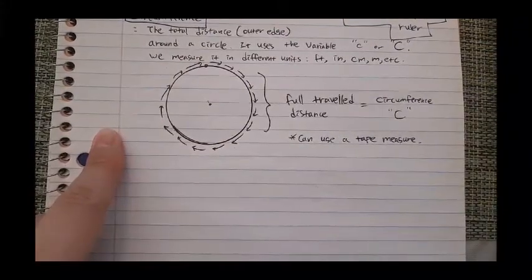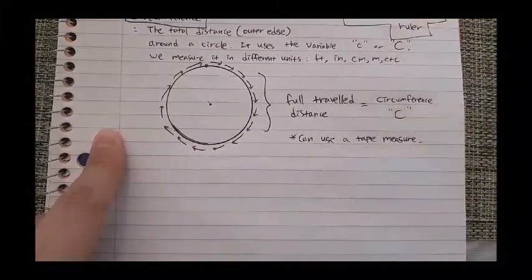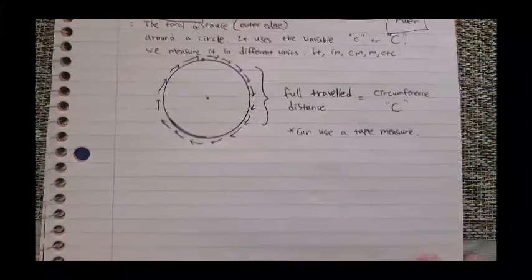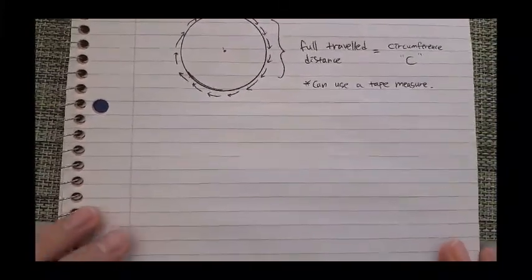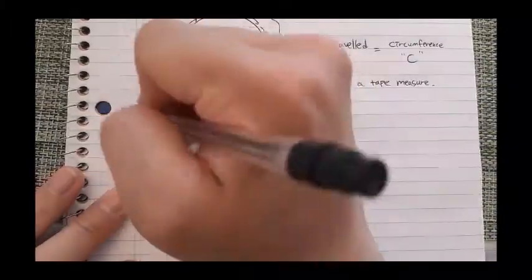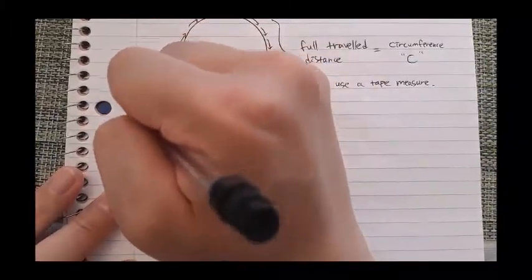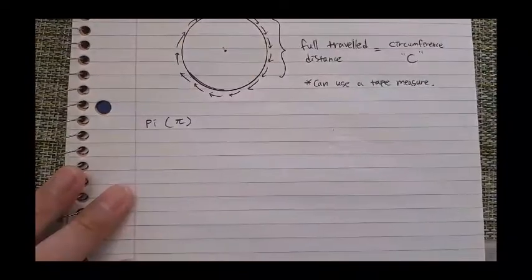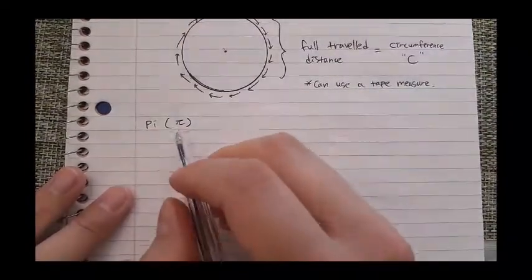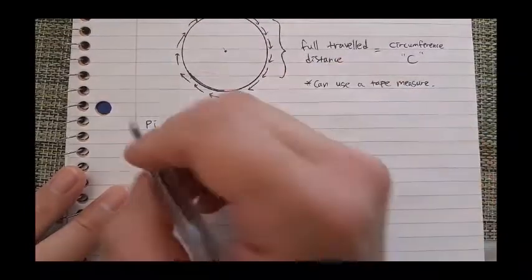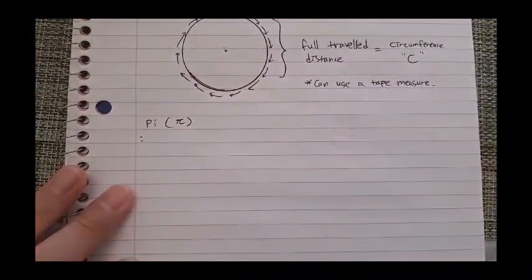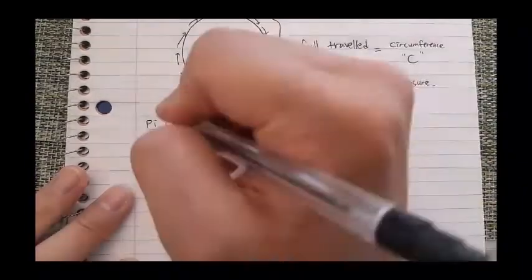Before we get into the formula, you may need to remember, or if you haven't learned in grade 6, because I don't teach grade 6, you need to know about this term pi. In fact, the Greek letter pi is what you have heard before. Pi is a certain ratio.